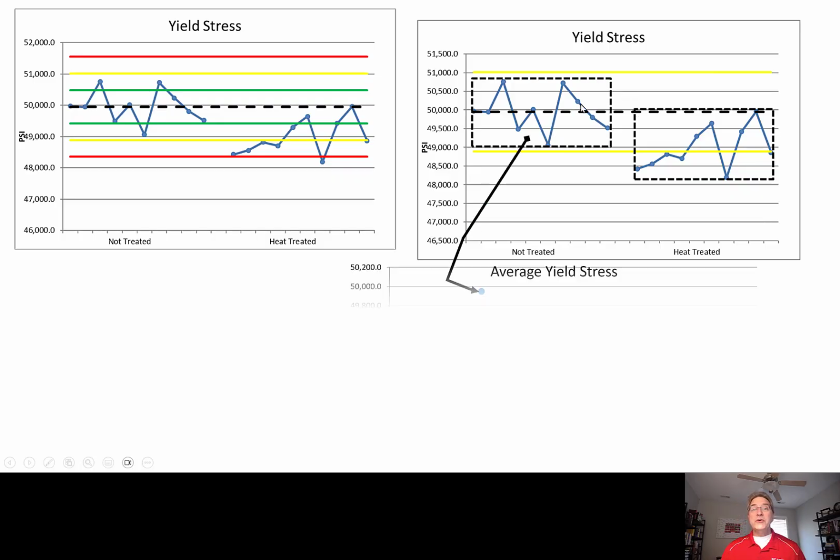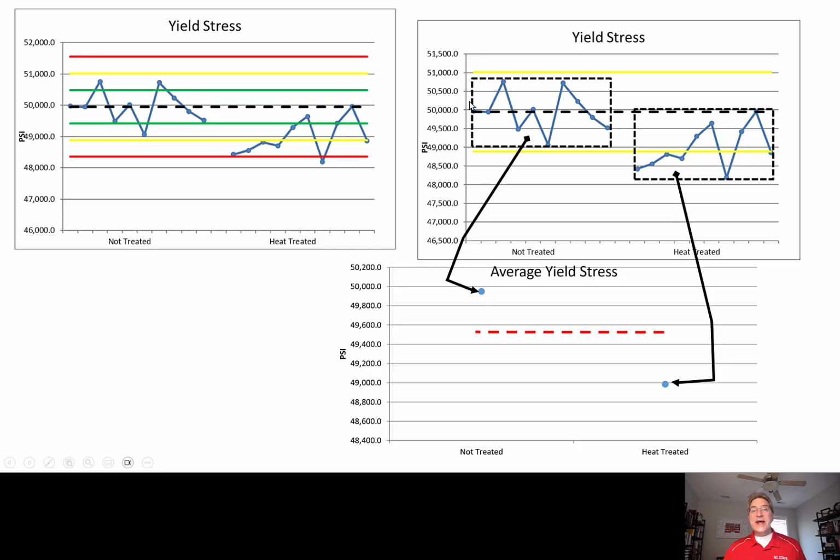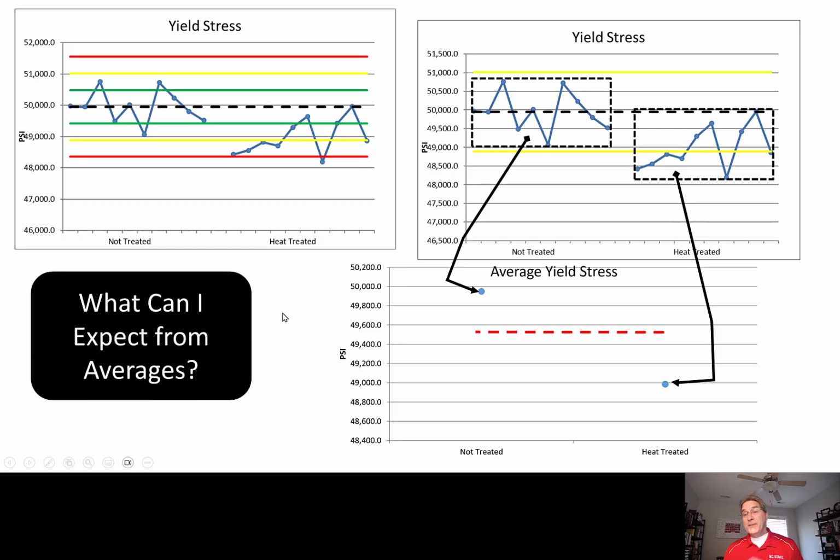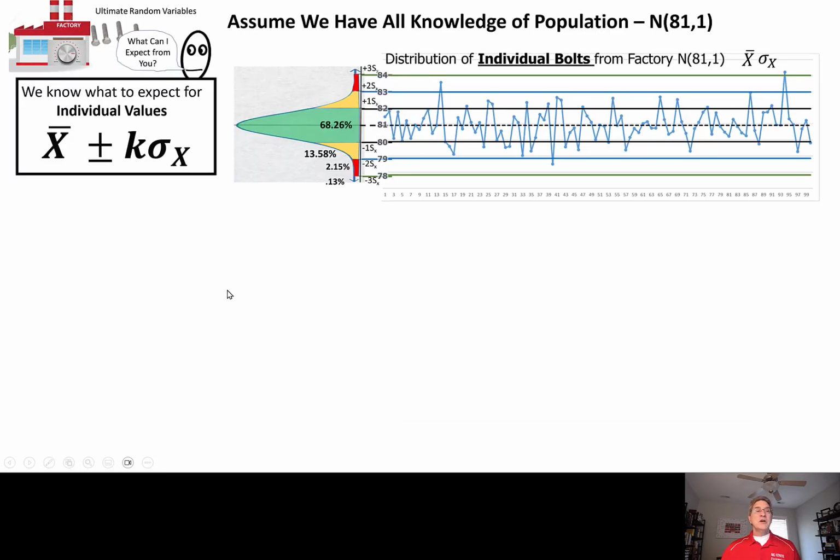Well, what we're going to do now is we're going to take the average of our 2 data sets or 3 data sets, or however many we have. And so the question now is, okay, well, what can I expect from my averages? And let me help you see what you can expect. It's actually pretty cool. So before, we knew, okay, if it was normal, we knew what to expect.